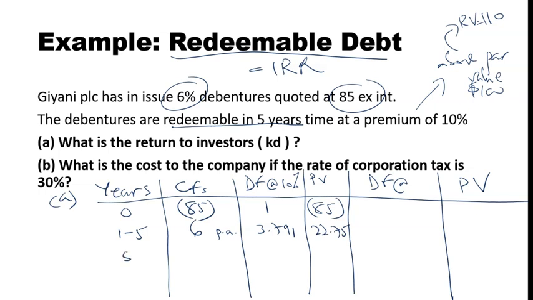Then in year 5, we have a loan repayment, and we are going to repay at a premium of 10%, which means 10% of 100, that is $10, plus the nominal value of $100, that's 110. We have to discount this by the discount factor for 5 years from the present value tables, that's 0.621.